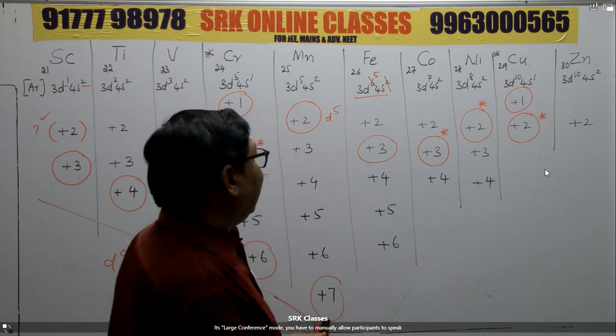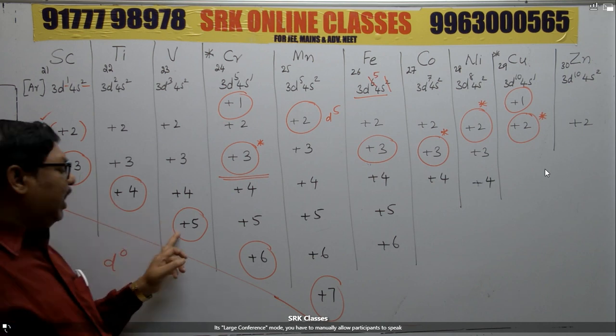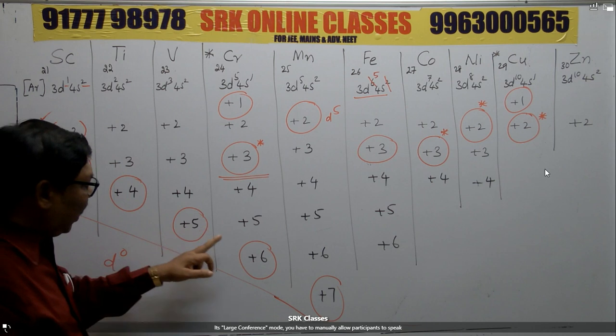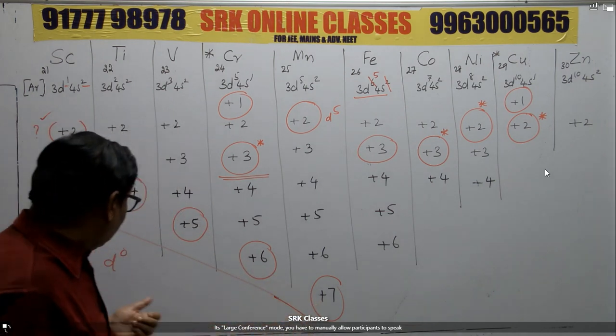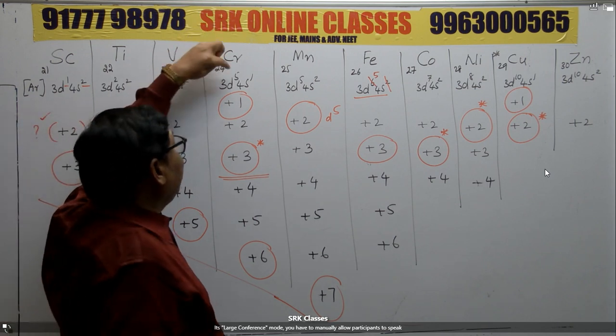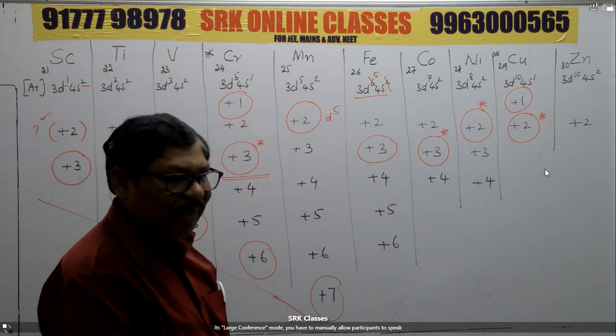Next important point is the stable oxidation states of scandium, titanium, vanadium, chromium, manganese are plus 3, plus 4, plus 5, plus 6 and plus 7 due to d0 configuration. Whereas manganese also shows plus 2 oxidation state due to d5 configuration.